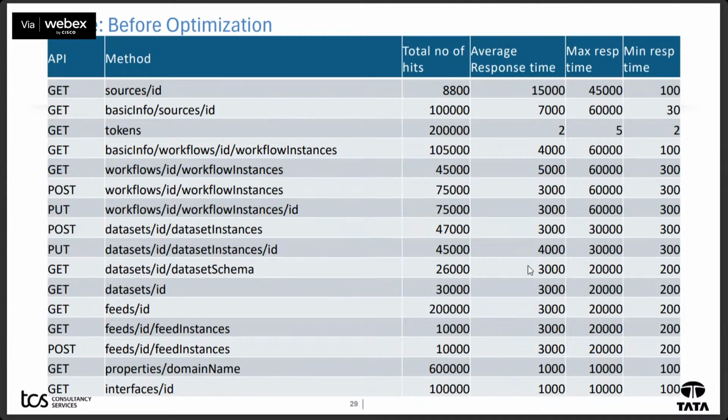And then there are a few others, the next one is this one with an average response time of 7 seconds. So this is where we start looking at this one. This one also, 3 seconds for 200K.